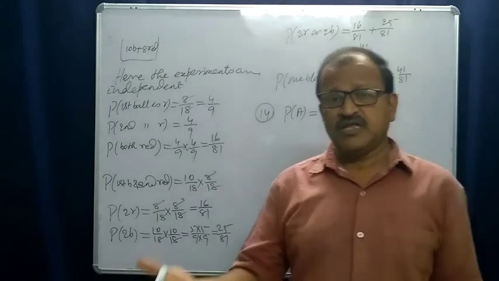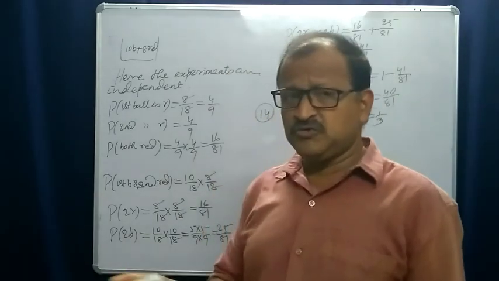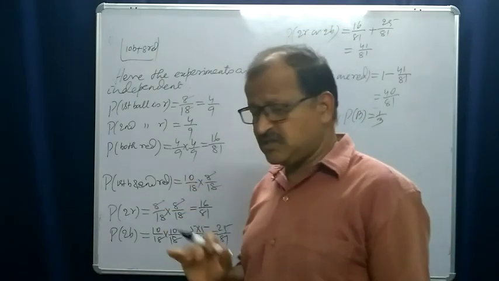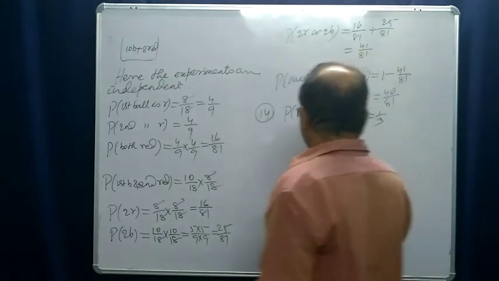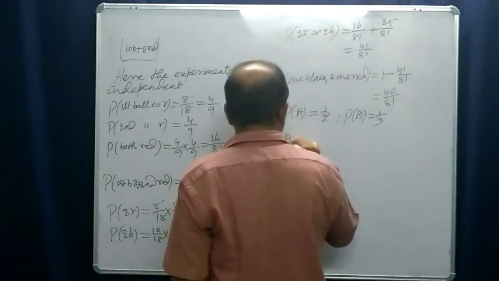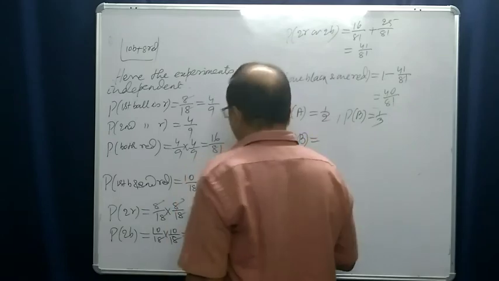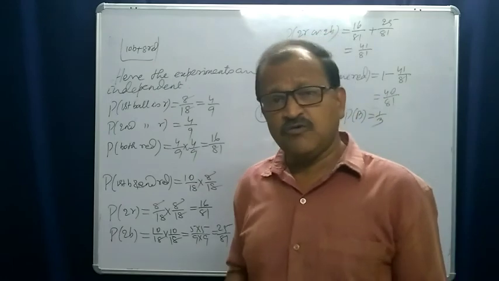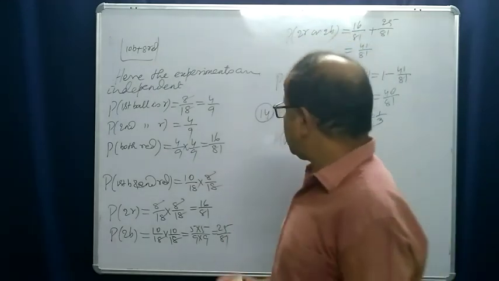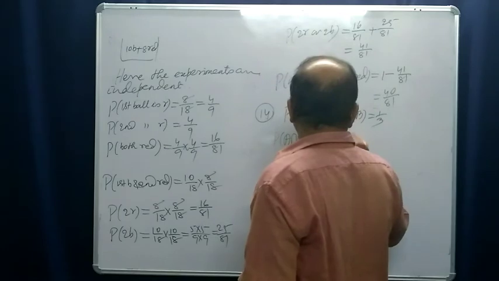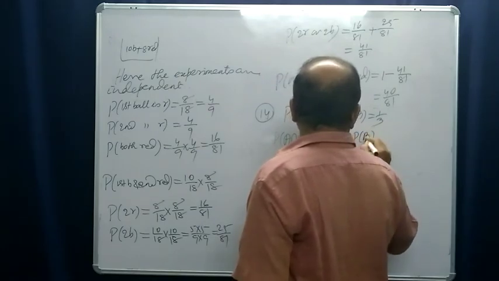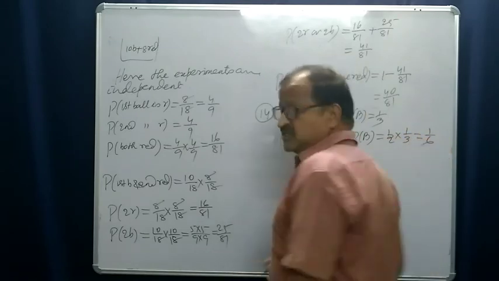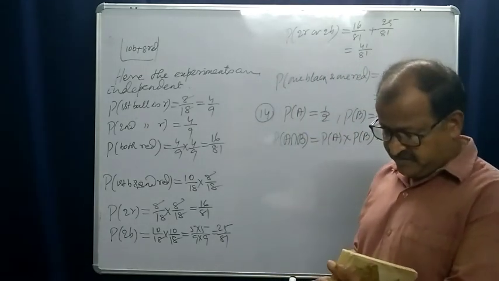If B solves, then A may or may not solve. So the solving of the problem by these two students is independent of each other. So the probability of A intersection B, that is, that both of them solve the problem, means A will solve and B will solve. As they are independent, it will be probability of A into probability of B, that is 1 by 2 into 1 by 3, which is 1 by 6.